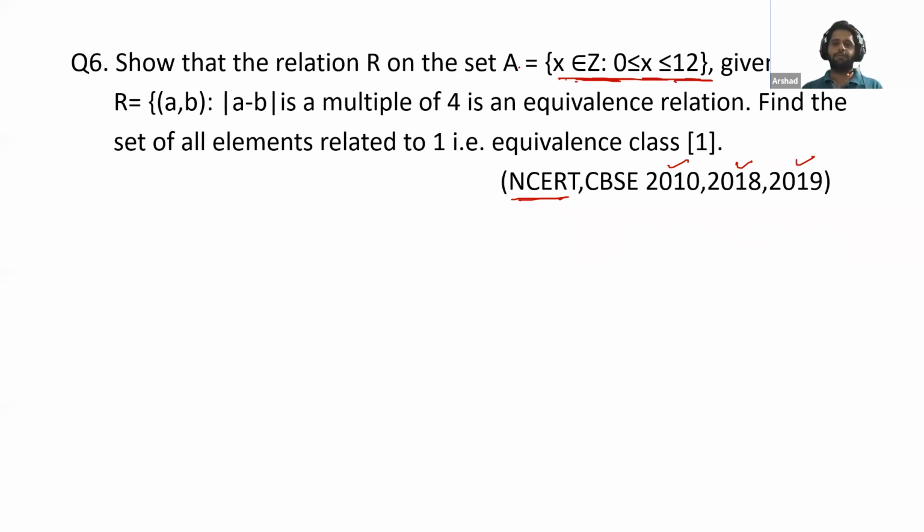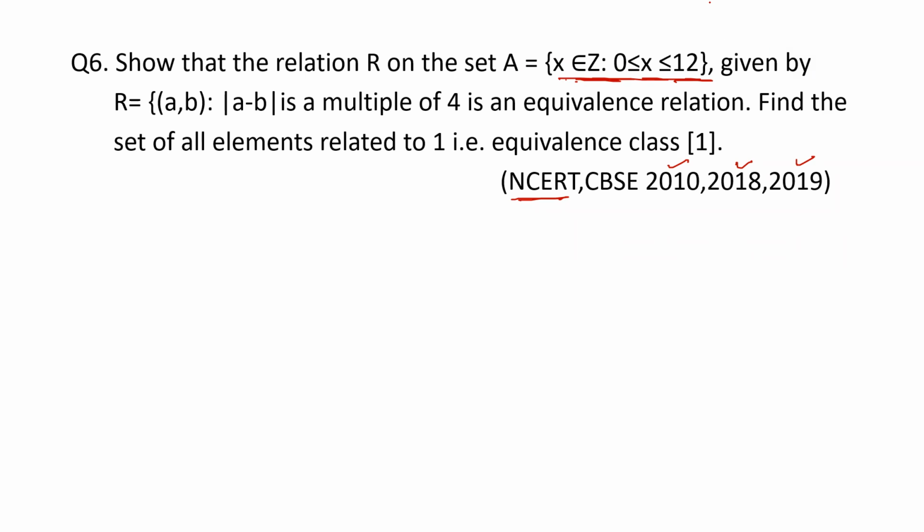This is written in set builder form, so can anyone tell me in roster form? x belongs to integers and x is from 0 to 12. So 0, 1, 2, 3, 4, 5, 6 until 12.